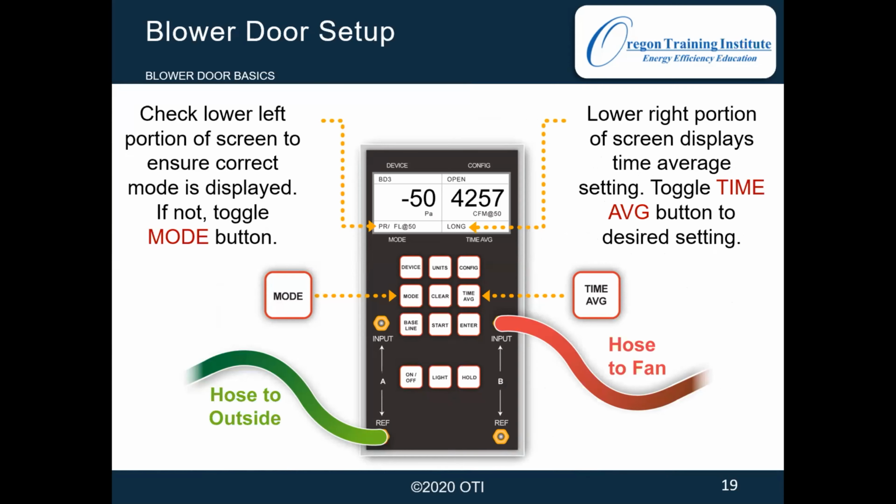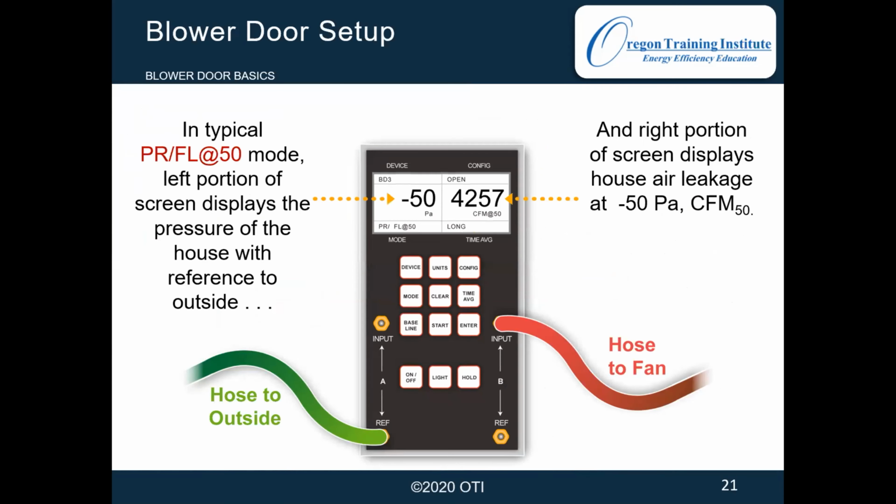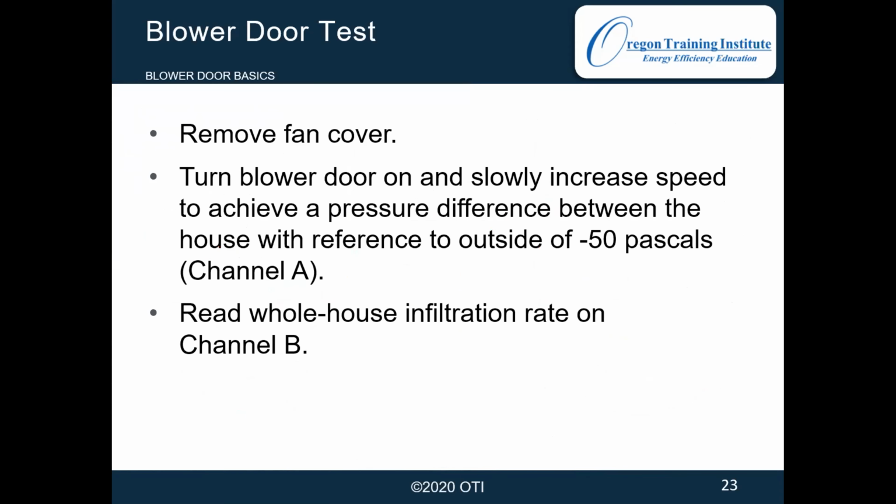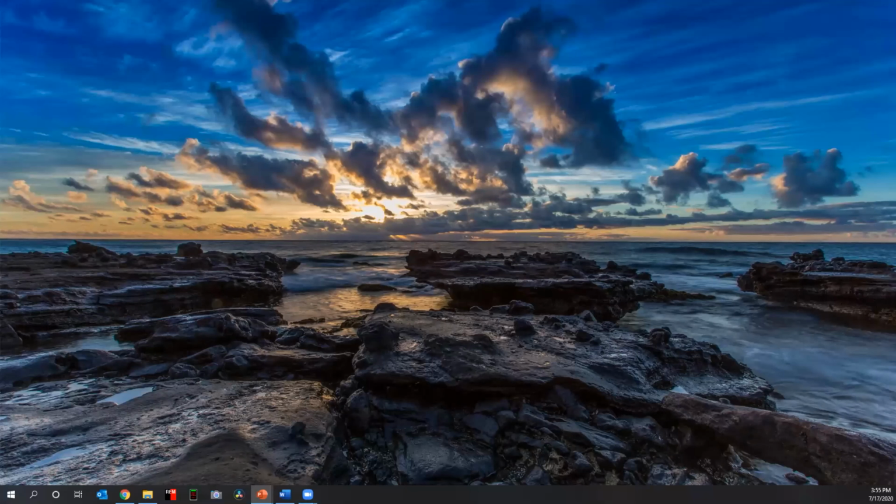So it only measures pressure and calculates everything else based on the information we give it. So here's the step-by-step. I'm going to pull it up on my manometer and get that on your screen.